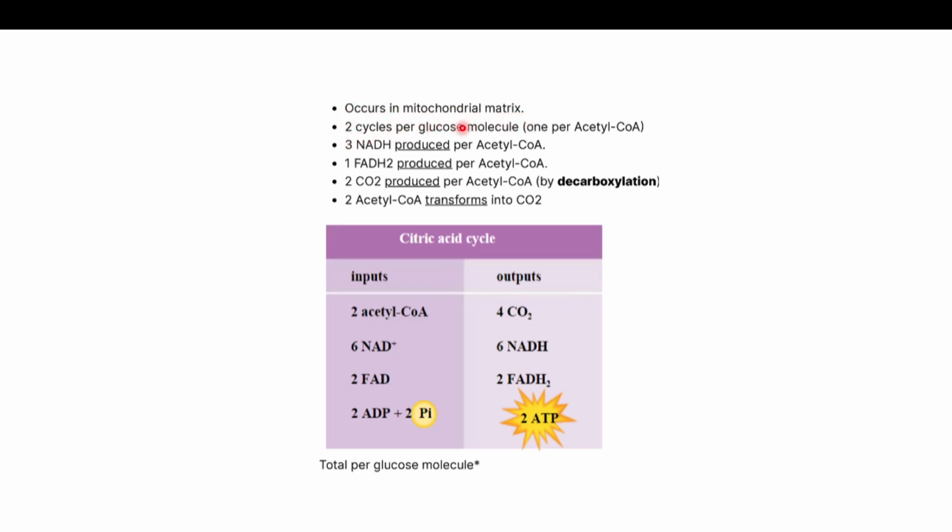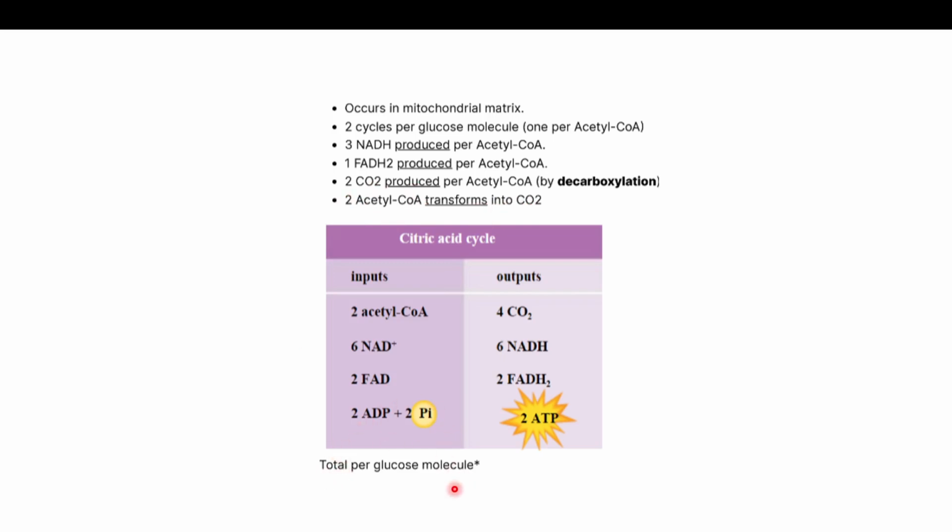There will be 2 cycles per glucose molecule, because one glycolytic cycle from 6-carbon glucose gives rise to 2 three-carbon pyruvic acid molecules. 3 NADH are produced per acetyl coenzyme A, 1 FADH2 is produced per acetyl coenzyme A, and 2 CO2 are produced per acetyl coenzyme A via decarboxylation, so 2 acetyl coenzyme A transform into CO2.